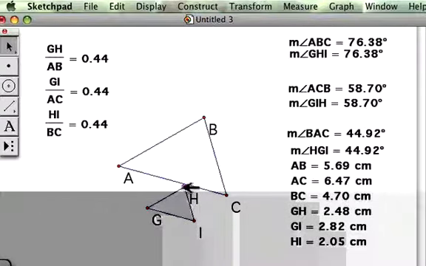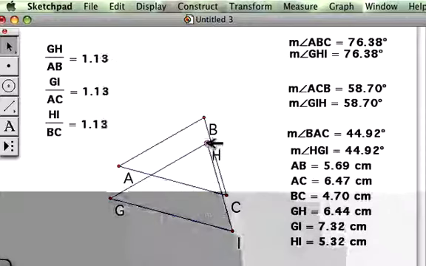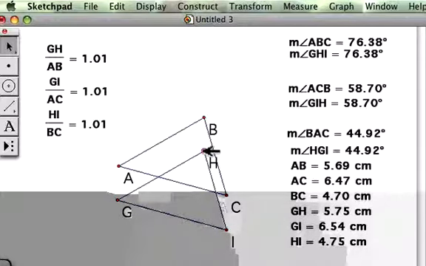And see, even if we make triangle GHI smaller than triangle ABC, the ratio is smaller than 1. And if we expand it to where the ratios are all 1, that means that GH is equal to AB as far as the length of the line segment, and GI is equal to AC, and HI is equal to BC, because whenever you divide a number by itself, it always equals 1.